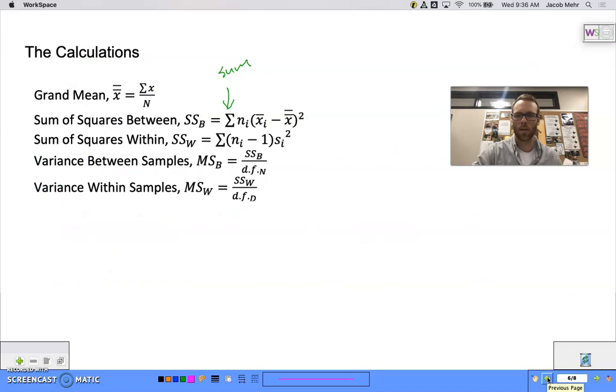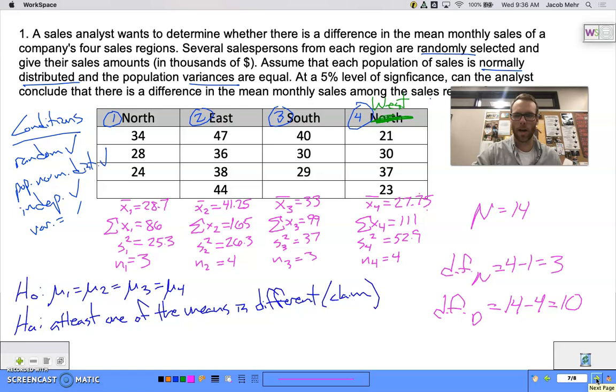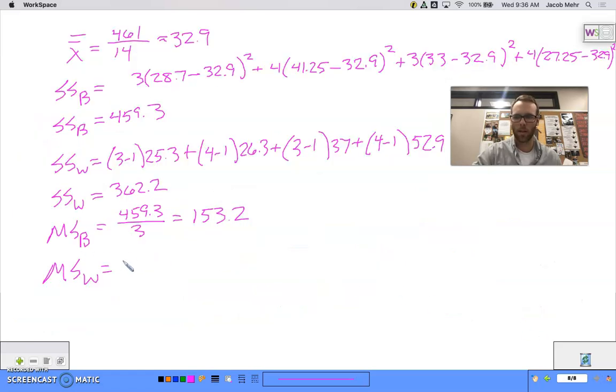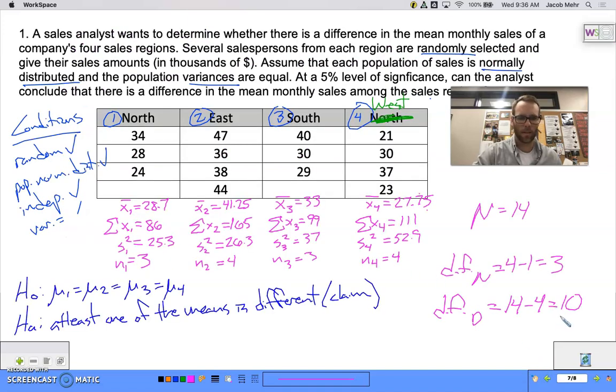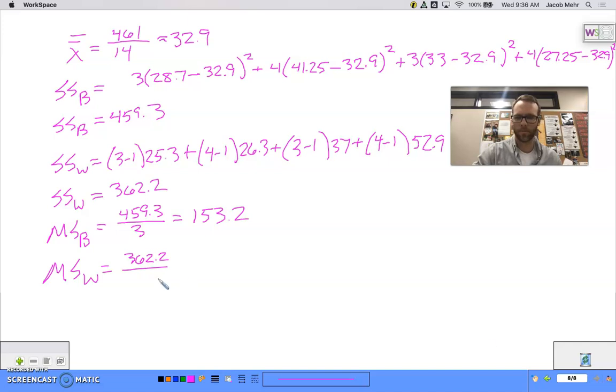All right, mean of the squares within. Mean of the squares within is the sum of the squares within divided by the degrees of freedom of the denominator. That's going to be 362.2 divided by 10. So 36.2. All right, that's kind of intensive for all the calculations, but we're good.